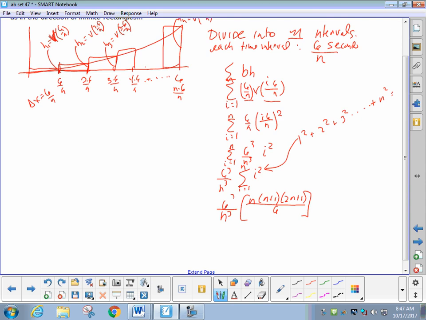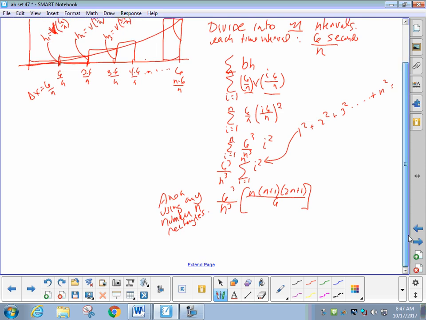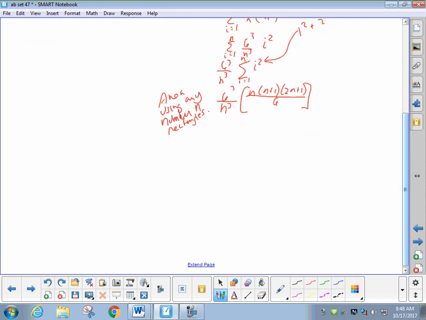Now we could clean that up, and that would be the area using any number of n rectangles, also known as a Riemann sum. Now we want to get perfect areas, so we're going to take the number of rectangles to infinity.